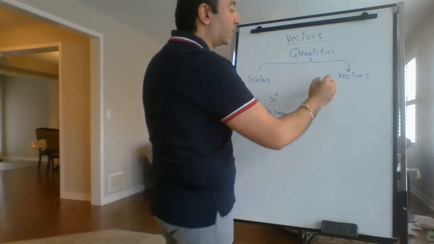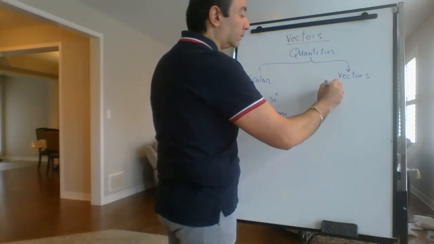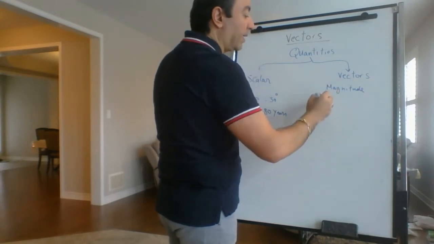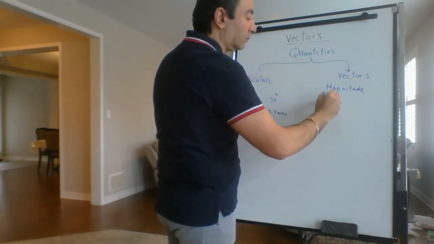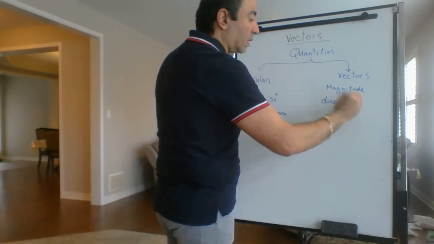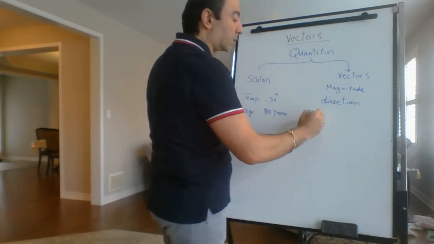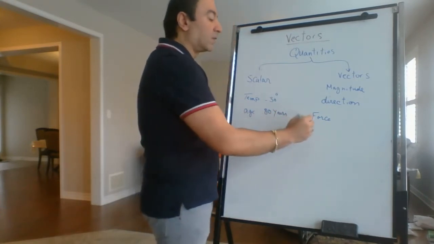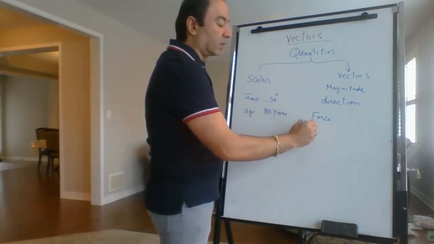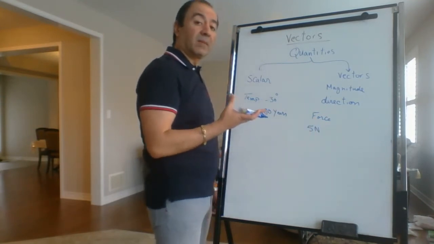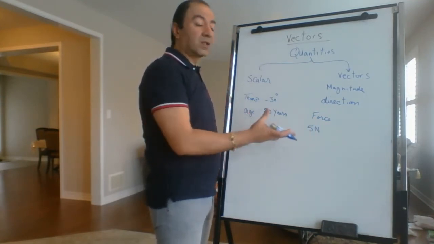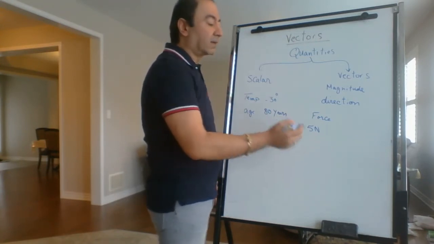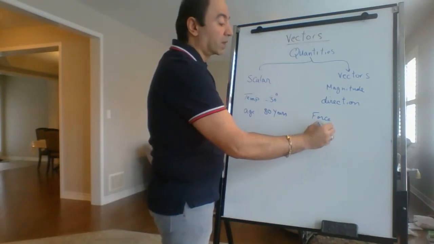Vectors need magnitude and direction. An example of this is force. It's not enough to say that the force is 5 Newton. I tell the magnitude, how much force I have, but I don't know in which direction it is acting. I have to say it is acting north, for example.